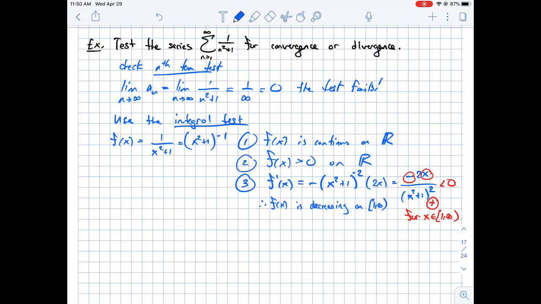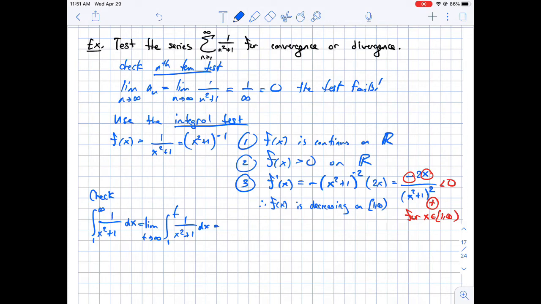So now that we have all three of those conditions satisfied, we can actually go and check what is the behavior of our integral 1 over x squared plus 1. And so here we can set this up as an improper integral, t approaching infinity, 1 to t. What is the antiderivative of 1 over x squared plus 1?